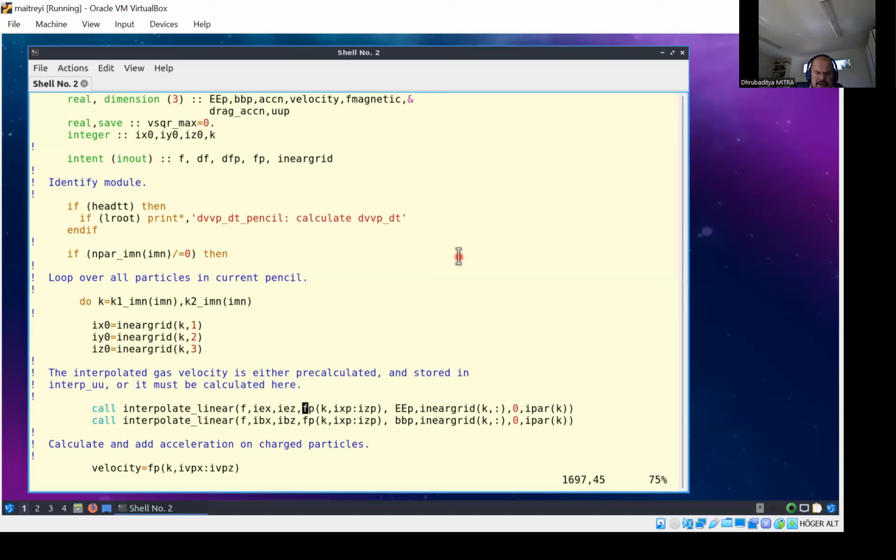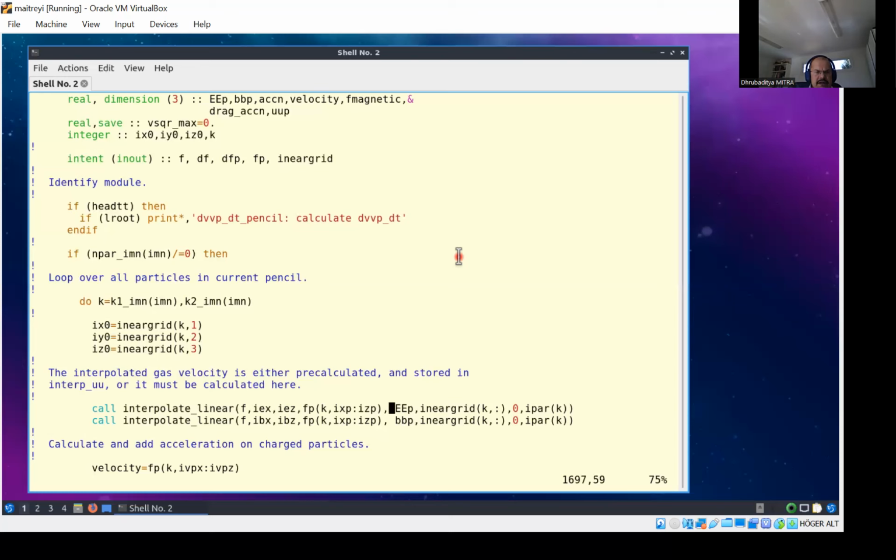Which point do you interpolate it to? You interpolate it to the kth particle's position, ixp to izp. When you interpolate, you will get a vector. Store that vector in eep. There are two additional things that are sent that are useful for the interpolation subroutine.